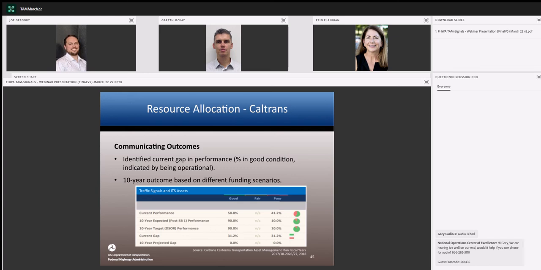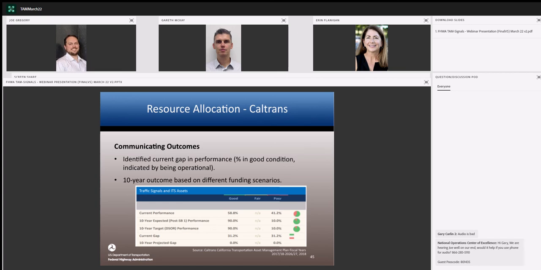It's looking at current performance, and their goal here is 90% good assets. They're currently at about 59%, so have a 31% gap. But what they're communicating here is that in their 10-year expected outcomes, they're going to go from 59% good to about 90% and achieve their goal, and so have no performance gap. So that's a great news story for CalTrans.